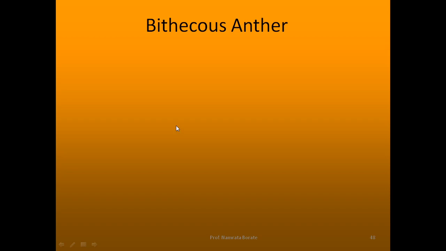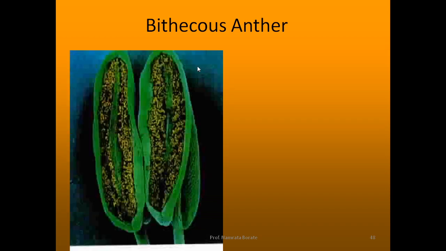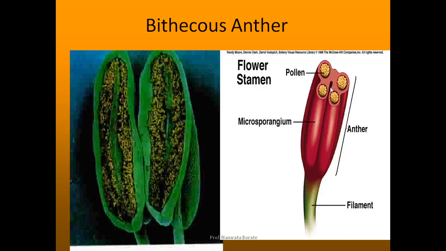The second one, the dithecous anther, also known as bithecous, consists of four locules: 1, 2, 3 and 4. The presence of four locules, or four sporangia, is called tetralocular or tetrasporangiate. I think all of you now understand the monothecous and bithecous anther.